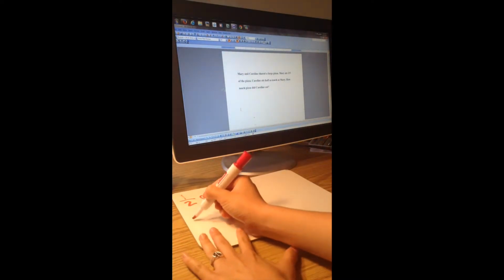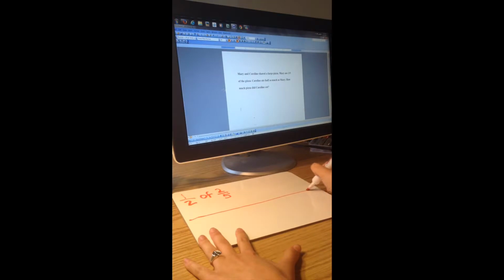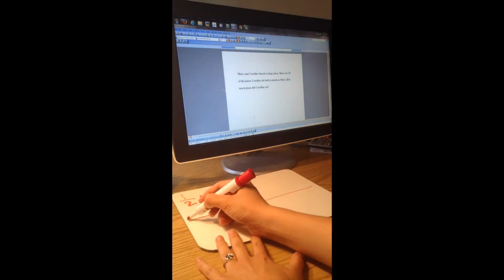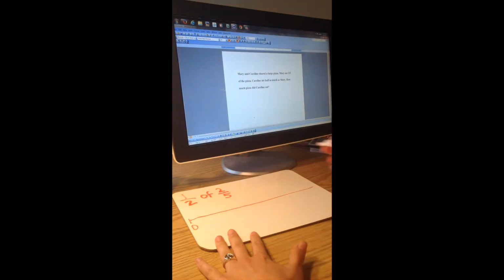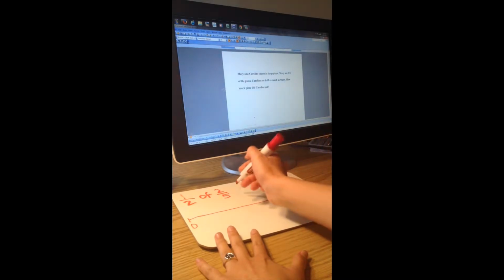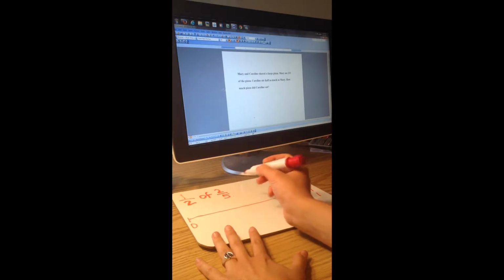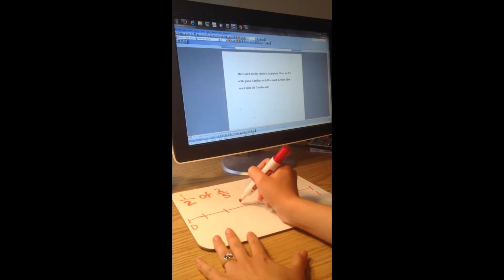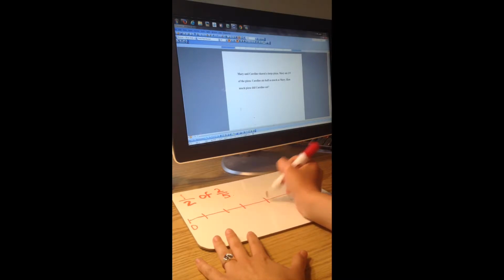For the linear approach, we will use a number line. We know that 0 goes here, and 1 will be represented here. For 2/5, three, 4, 5.